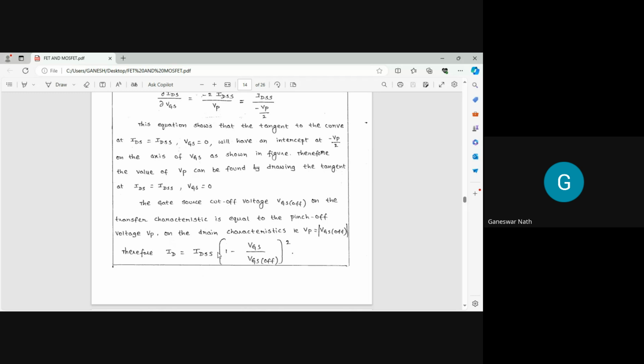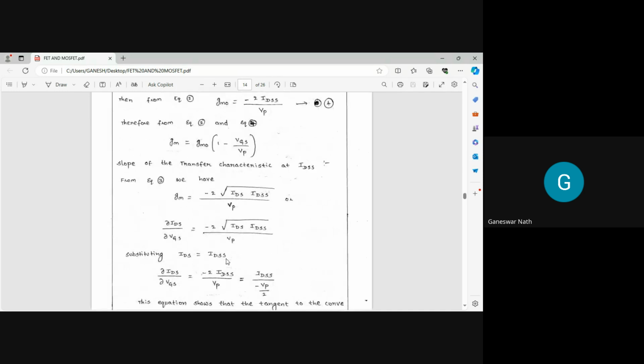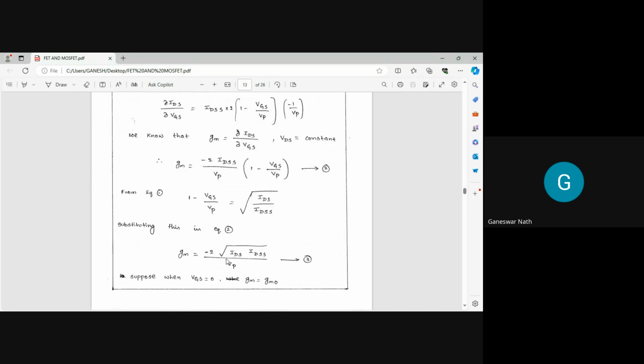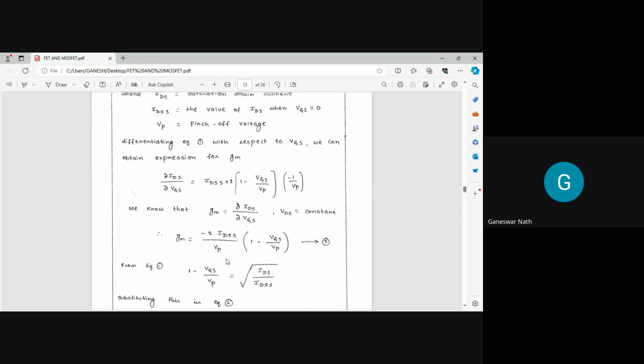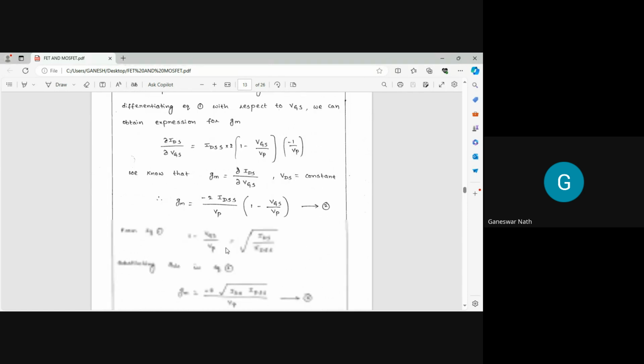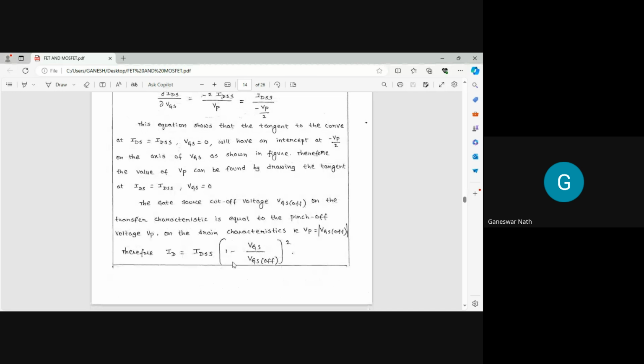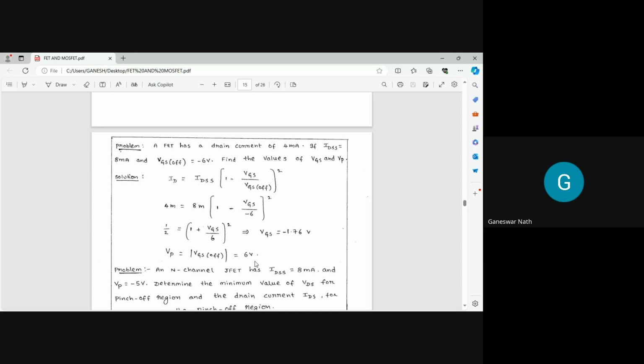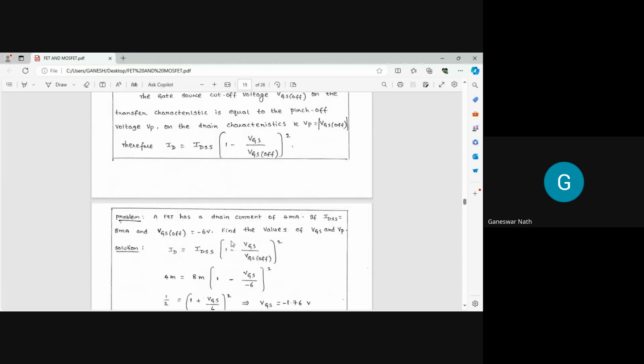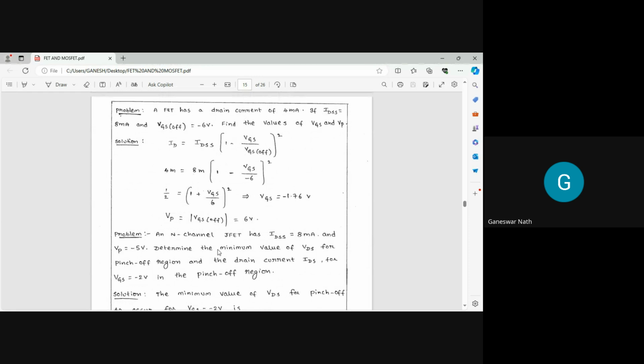Therefore, ID is equal to IDSS into 1 minus VGS by VGS off, squared. So like that, we calculate it for simple here, VGS by VP squared. Similarly, you can also get this graph or this expression. Now, relating to this, I have actually done some problems here that you can check.